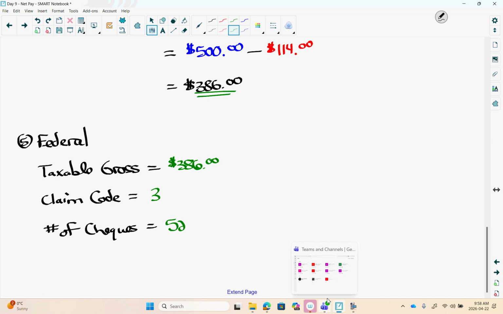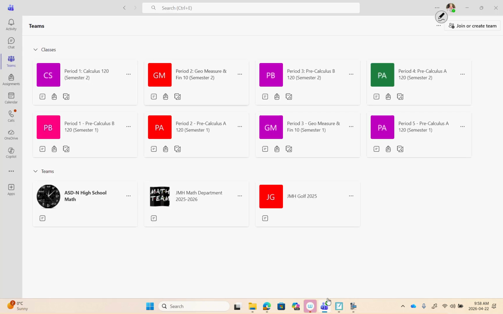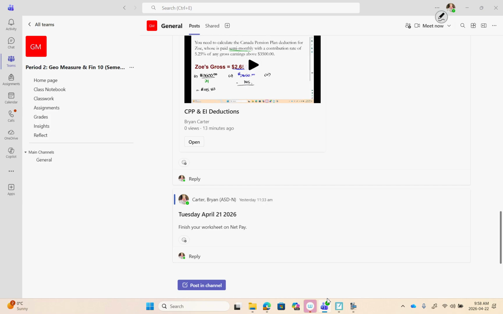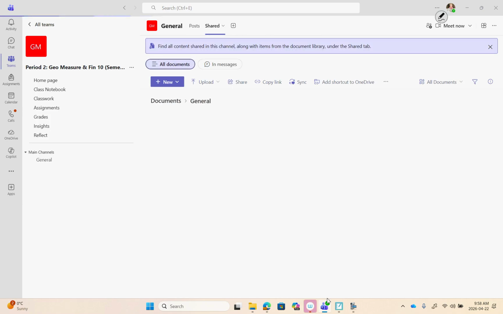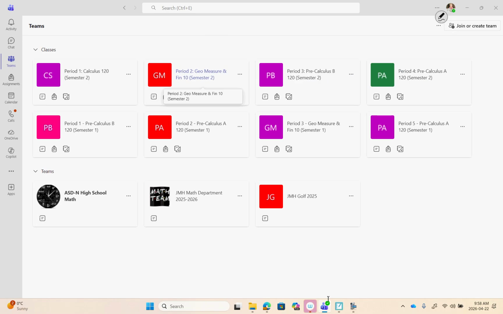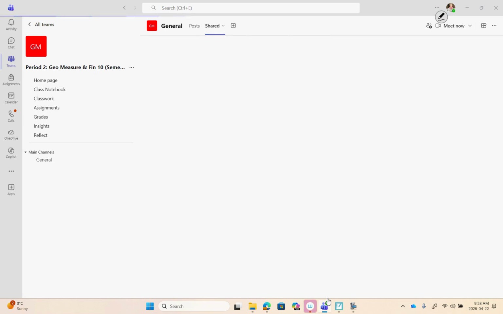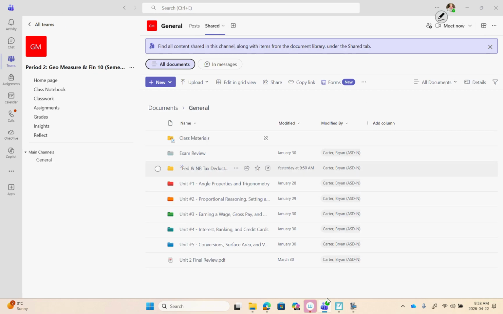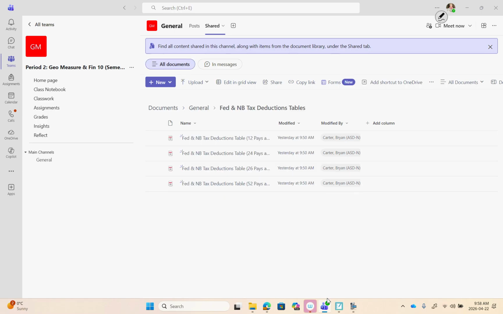You can find them online, or you can find them in our team. So if I go to the period 2 team, I go to the shared folder. Glitches out on me. Try it again. I'll go to the shared folder. And I'm looking in these federal and NB tax deduction tables. Open that one. Now, there's 4 files there.